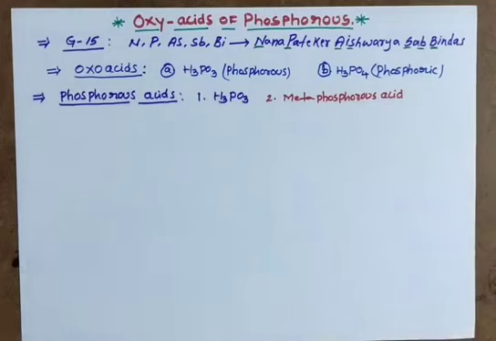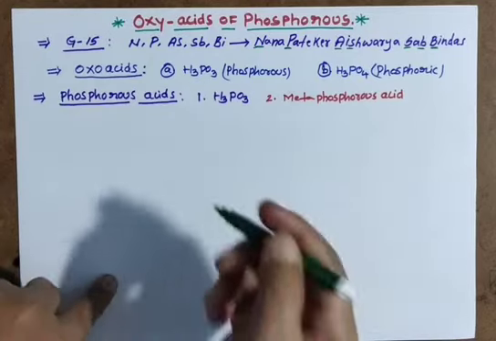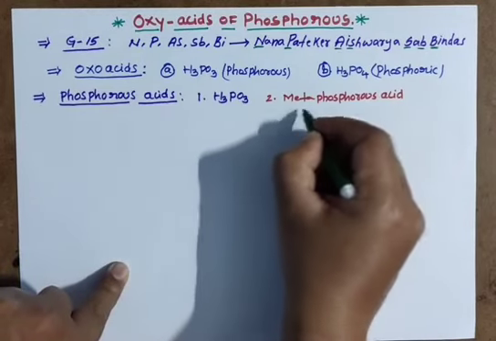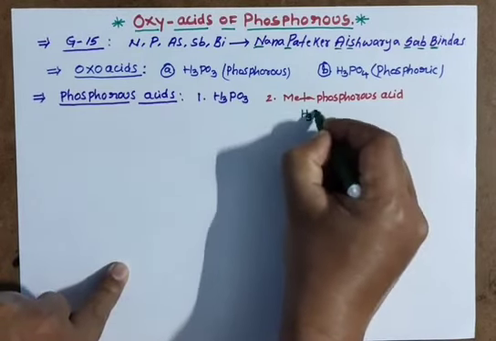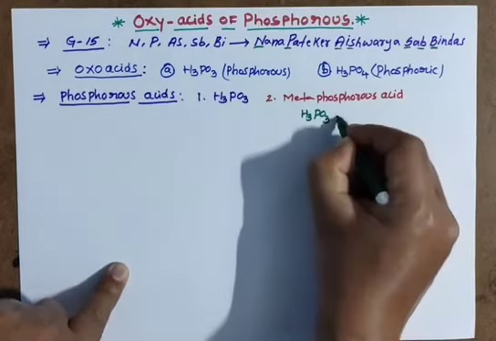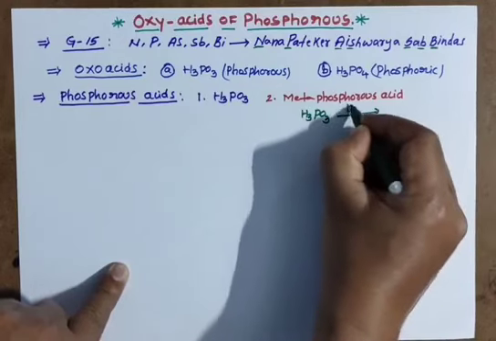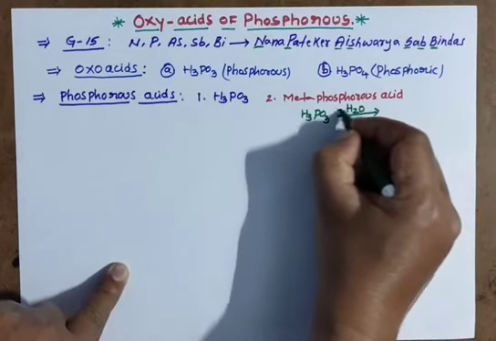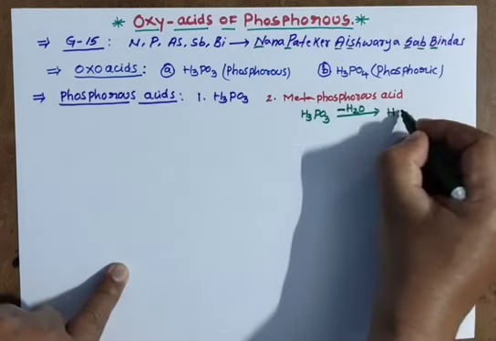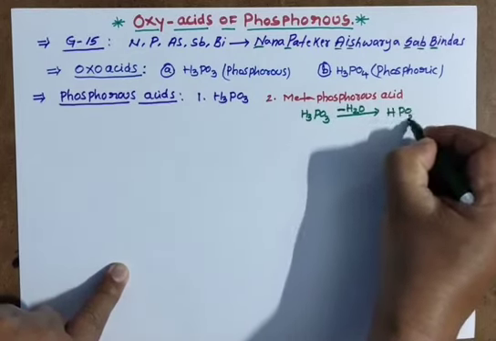But how can we remember the metaphosphorus acid formula? Very easy. You take H3PO3, phosphorus acid, and remove one water molecule from it, and you are getting HPO2.